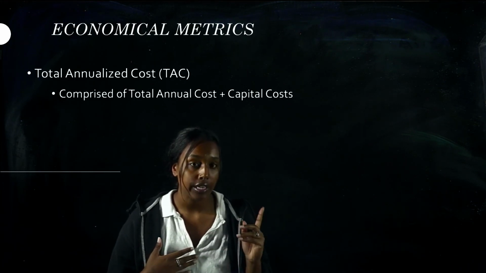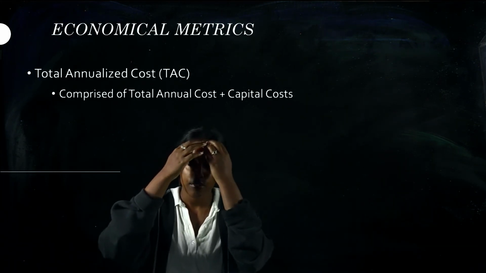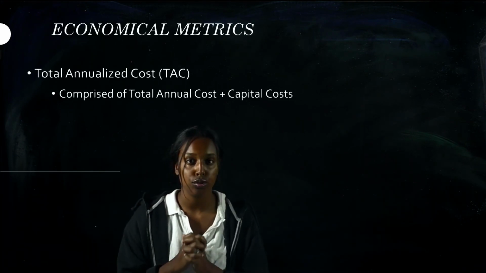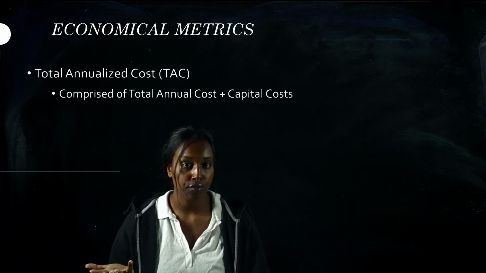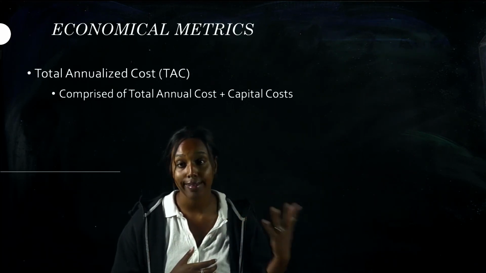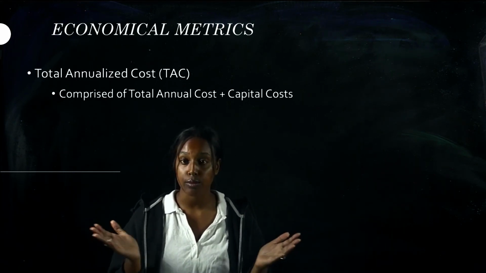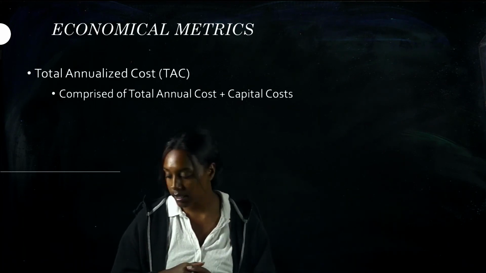And then we have our capital costs. Now the capital cost is referring to your upfront costs. For example, if you decide to buy machinery for your factory and you pay for it all at once, if you decide to buy land, property to build your factory on and you pay for that all at once, those would be considered your upfront costs.